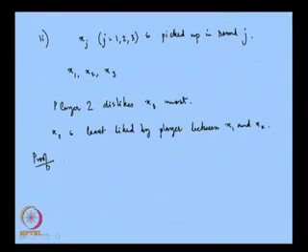So, x3 is something player 1 is guaranteed to get in round 3. So, first conclusion that we can draw is player 1 will not pick up x3 in round 1, because he is assured of this x3 in round 3.